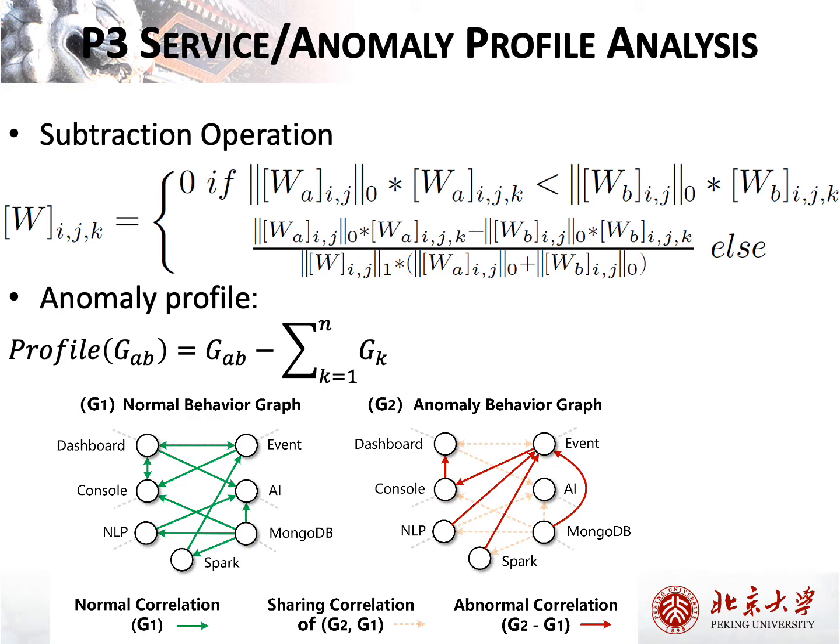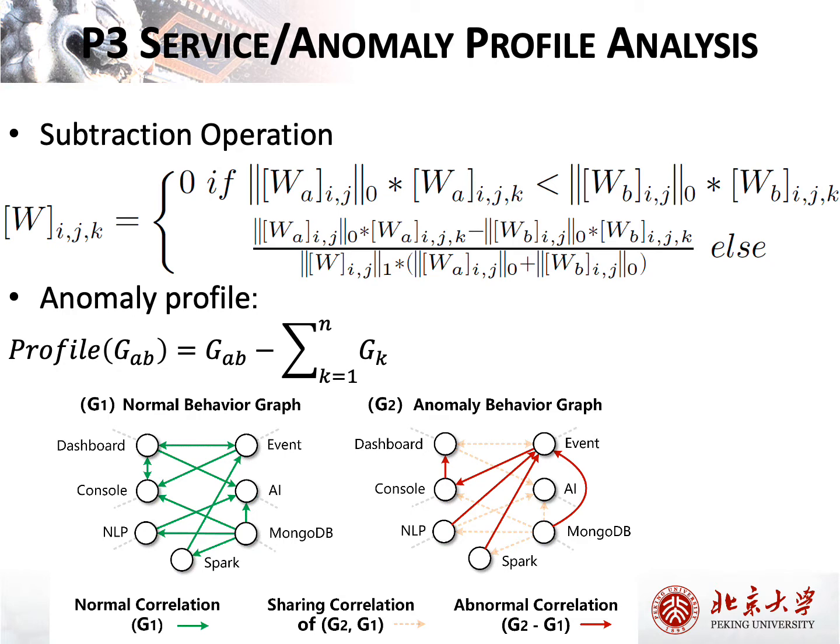Beyond service profile, we are interested in profiling an anomaly in behavioral graph, considering the fact that service profile only describes correlations in normal status. To remove the redundant normal correlations from the behavioral graph, we designed the subtraction operation showed here.